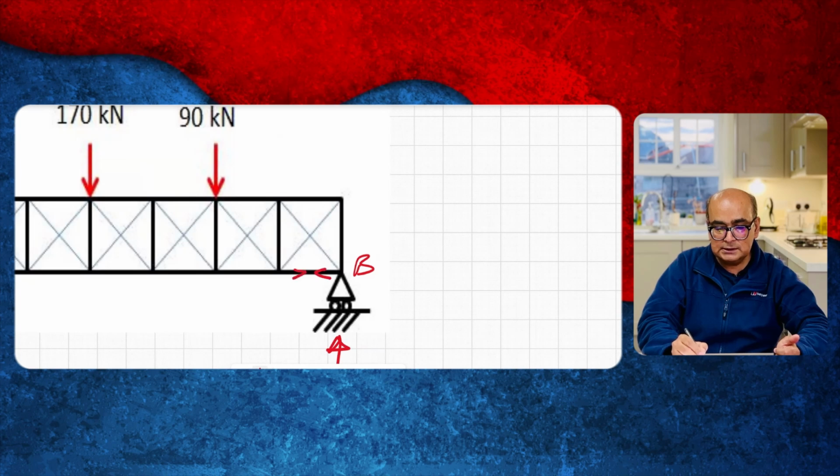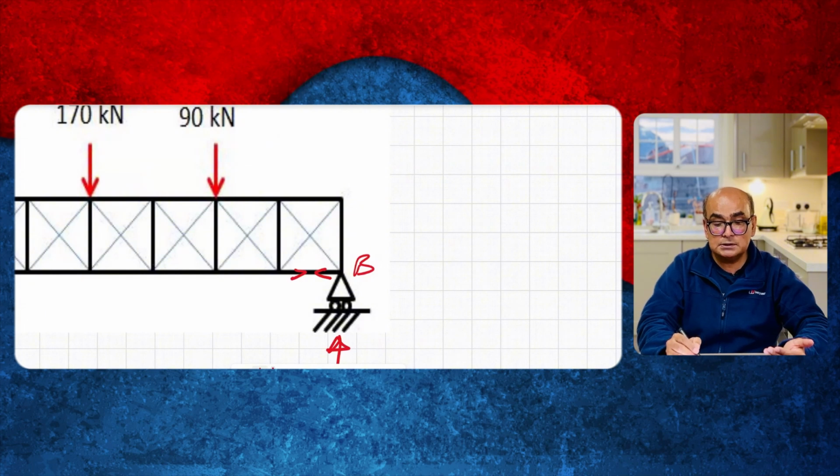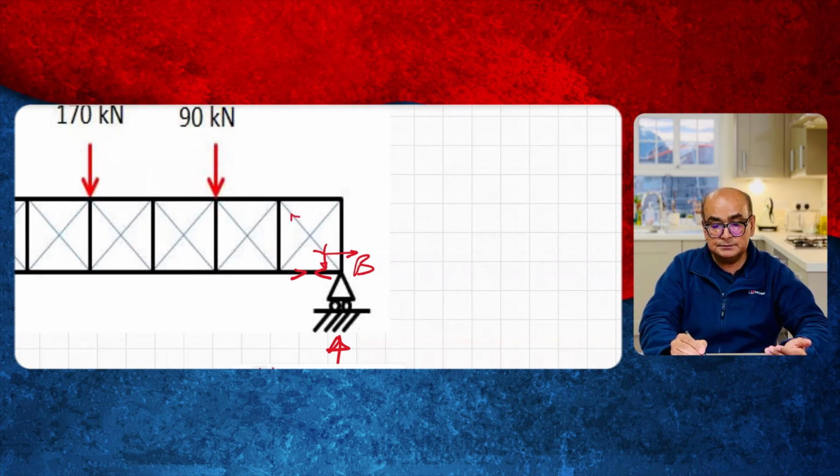So if I say that the bottom bit is in tension, then this is the horizontal load. There is no other horizontal load applied at point B. So to counteract that horizontal load, the horizontal component of this member must go rightwards and the vertical component should go downwards. That means that it is in compression.